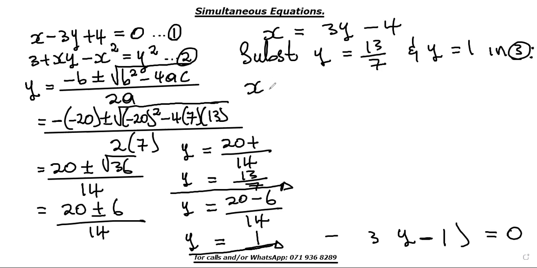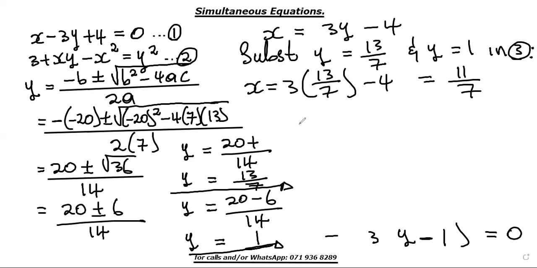So then it means your x will be 3 into 13 over 7 minus 4, which if we substitute into our calculator, will just give us 11 over 7.